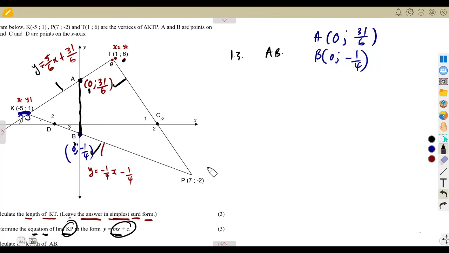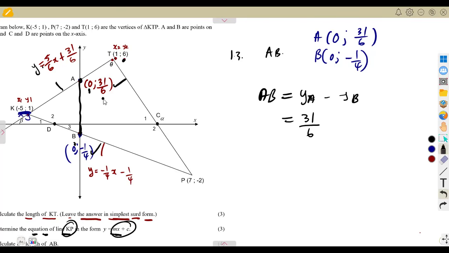You just subtract directly. So we saw in these calculations, when you consider the y values, this is the y value on the top, the y value below. So it is going to be y2 minus y1. That is the y at point A minus the y value at point B. The y value at point A is 31 over 6.